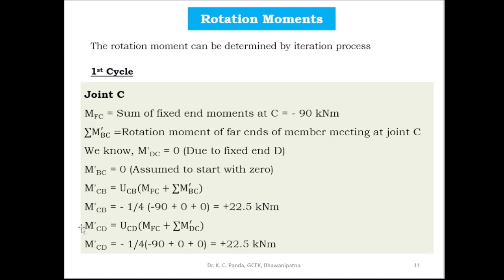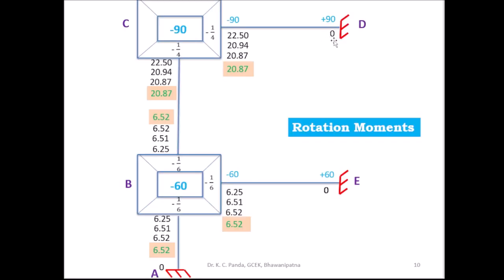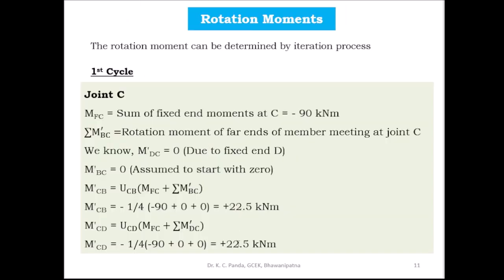Then find the near end rotation moment M-CD. M-CD is equal to UCD into MFC plus the sum of the far end rotation moments. In the first cycle these are 0 on both sides, and this is the fixed end moment and this is the rotation factor. So M-CD is equal to minus 1 by 4 into minus 90 plus 0 plus 0, which is equal to plus 22.5 kilonewton meter.